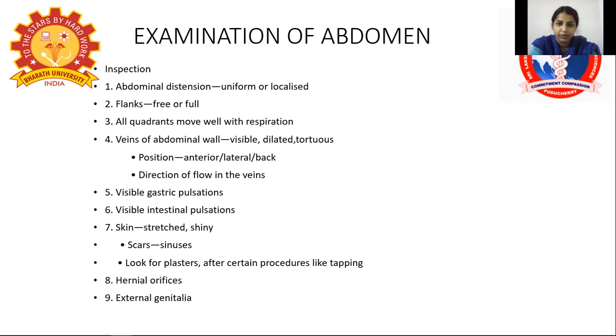Veins of the abdominal wall visible, dilated, whether they are tortuous, the position of the veins, whether anterior, lateral, or back, and the direction of flow in the veins. This indicates whether the obstruction is in the superior vena cava or in the inferior vena cava. Then visible gastric pulsations and visible intestinal pulsations.